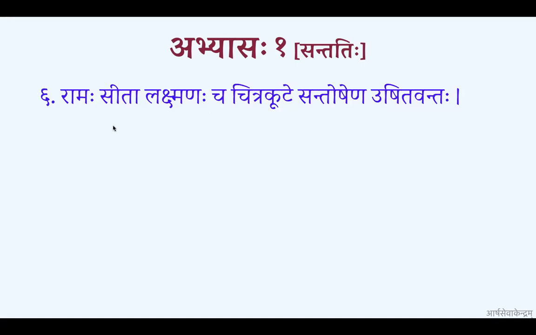So the reason is whenever we have Strilinga and Pumlinga as part of a collection, we use the Pumlinga question or Pumlinga Kriya Padam. Pumlinga Kriya. Okay. Mahodaya, I thought the majority, if Pullinga is majority, that's why. No, it's not like that.